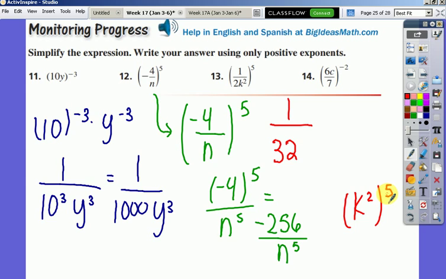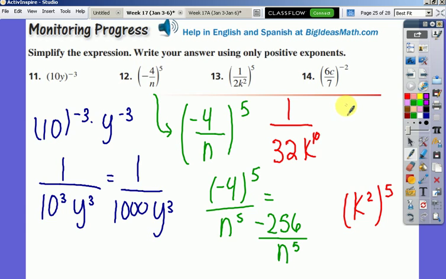What's the rule here? Multiply them, right? When you raise a power to a power, you multiply them. So what do I end up with? K to the 10. Does that make sense?